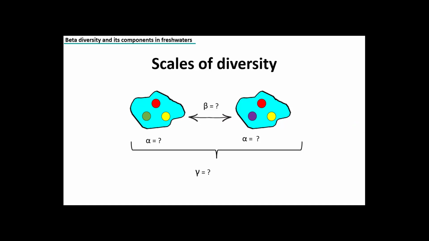First, what is the alpha diversity of each lake? Alpha diversity is the number of species in a single place. So the richness in each lake is 3 species. The green, red, and yellow in the first lake, and the red, purple, and yellow in the second lake.